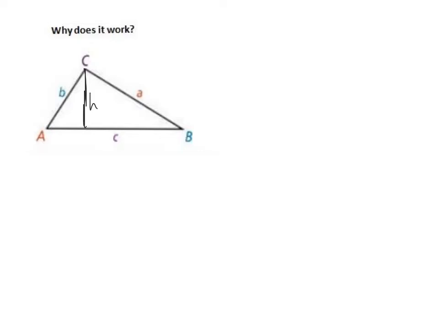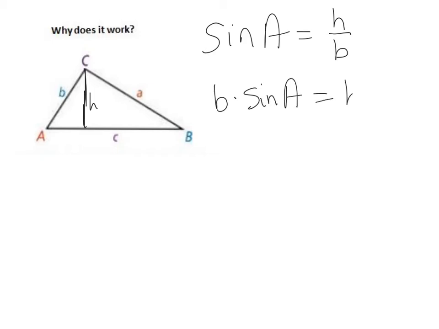So if I stand right here at angle A and look at this right triangle, sine of angle A would equal h over b. And I can solve for h if I want to: b times sine of angle A should equal h.